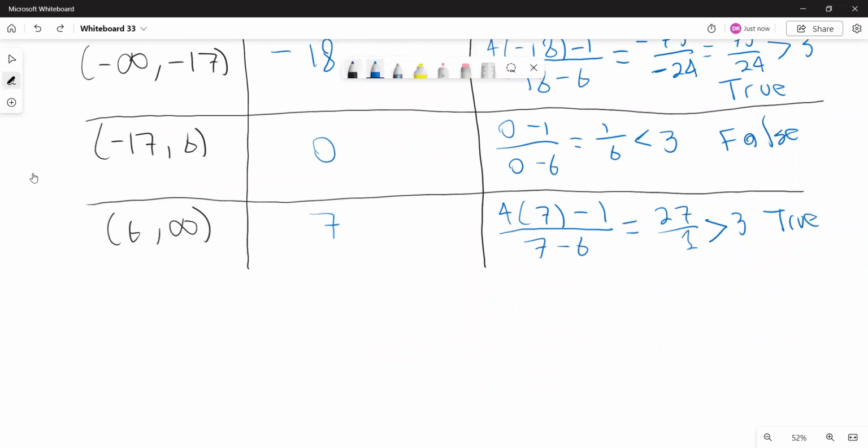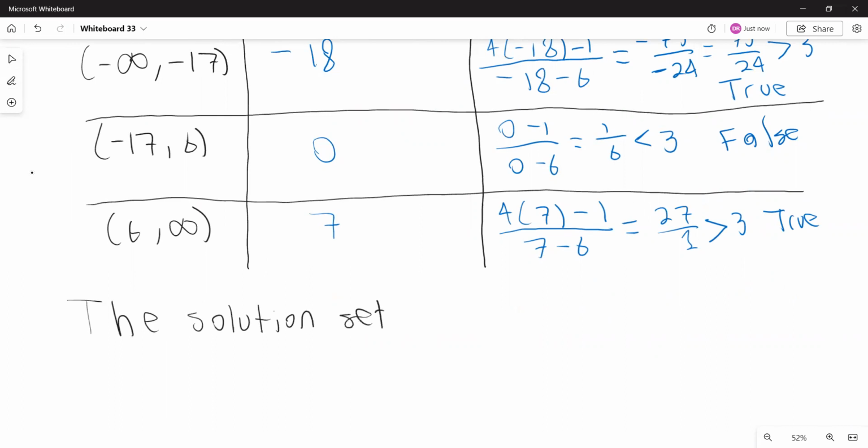So final answer, the solution set is negative infinity to -17, and we're not including the end values because the inequality is strict, union 6 to infinity. Thank you for listening.